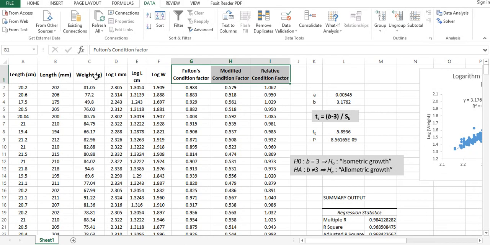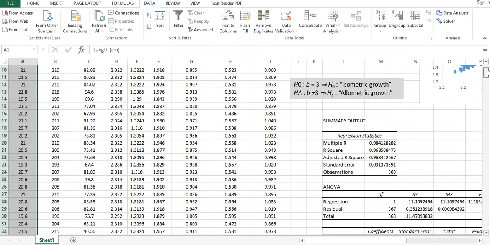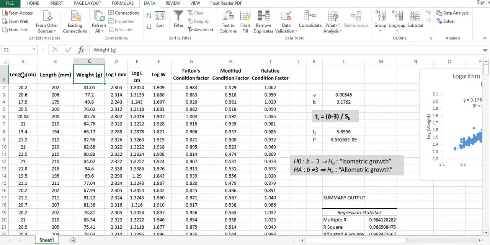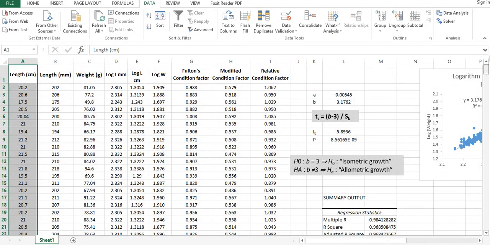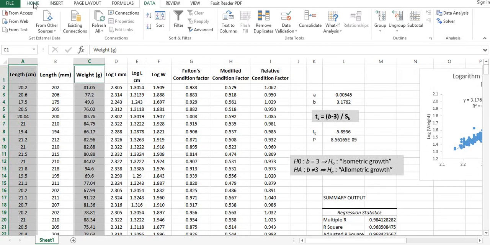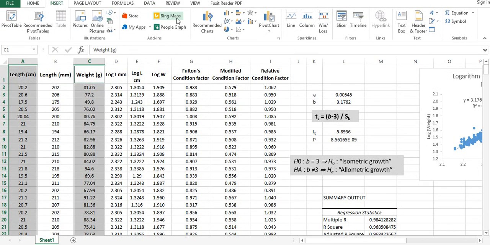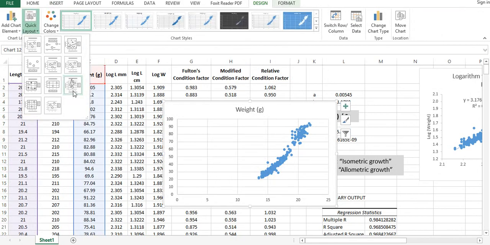So again, take length in centimeters and weight in grams, do the same analysis and make it a power function.